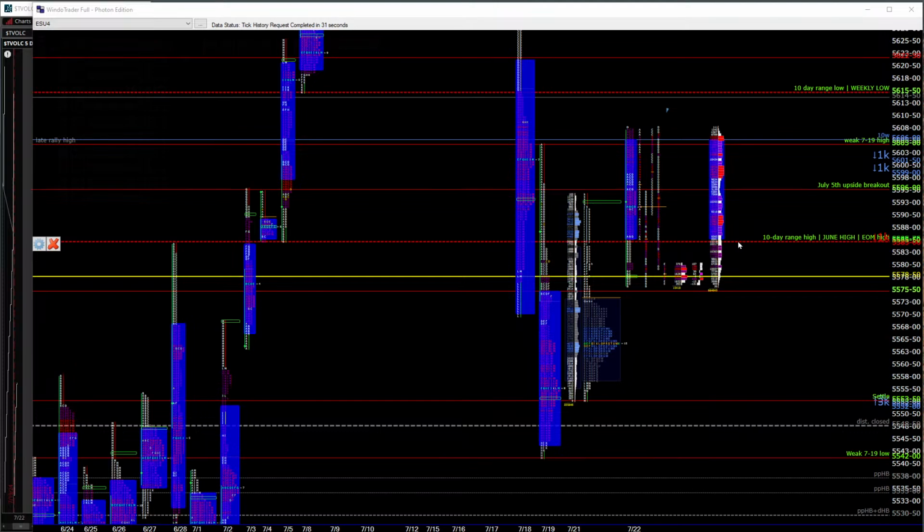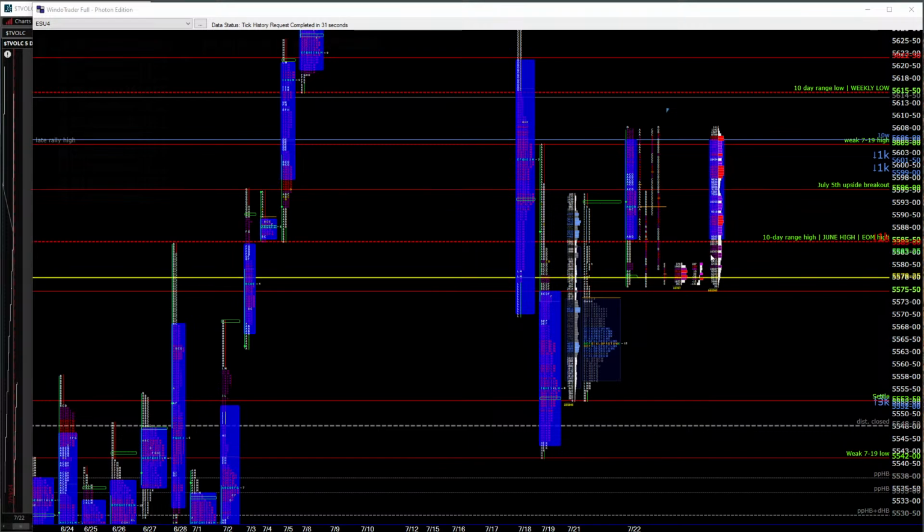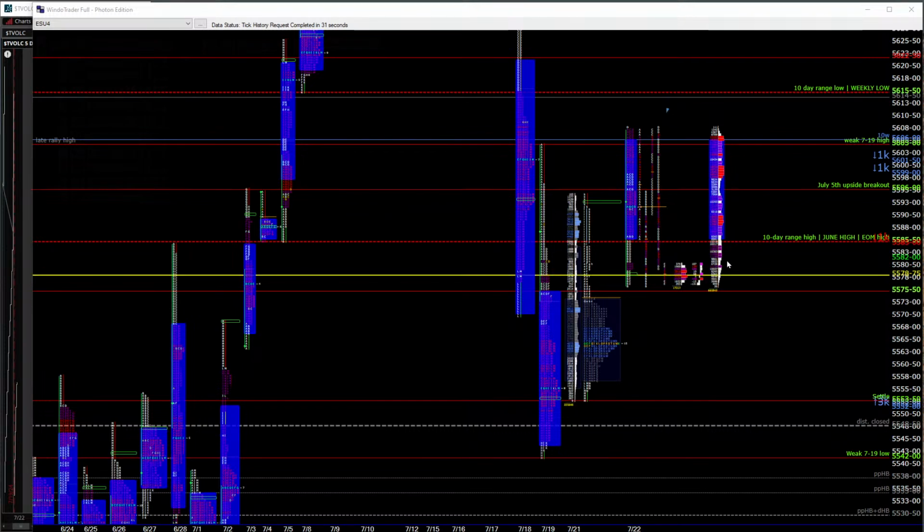Either if this level holds or if it's breaking to the upside and it's used as a support, or it breaks and is taken back, and uses it as a resistance again. I am particularly not attracted to this market.